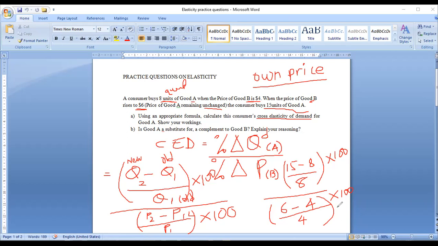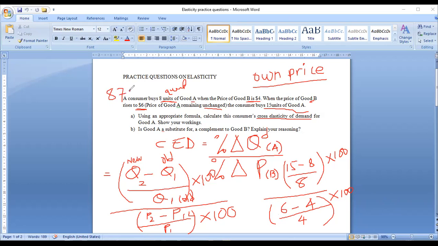So that is 7 out of 8, so that is 0.875, 87.5.